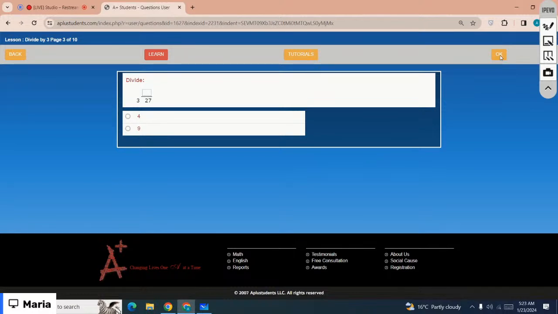27 divided by 3. You need to count the table of 3 until 27. So 3 times what number is 27?